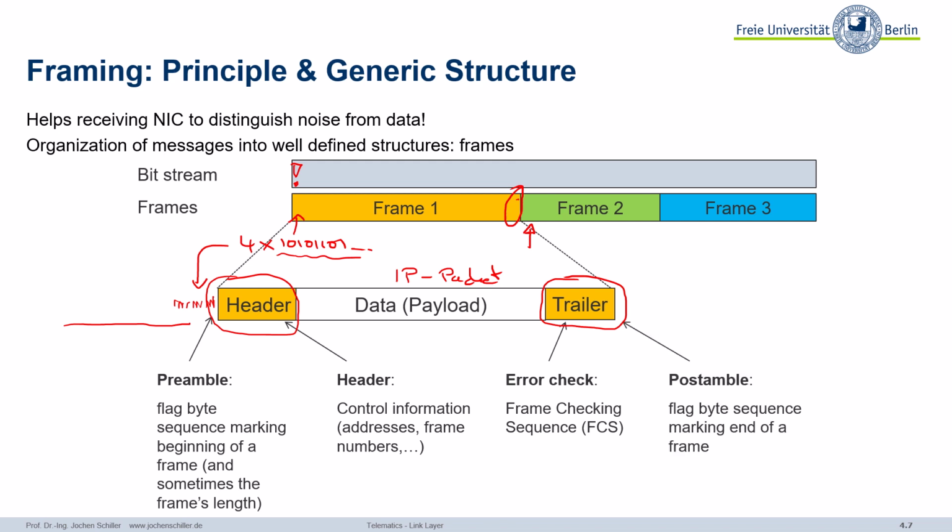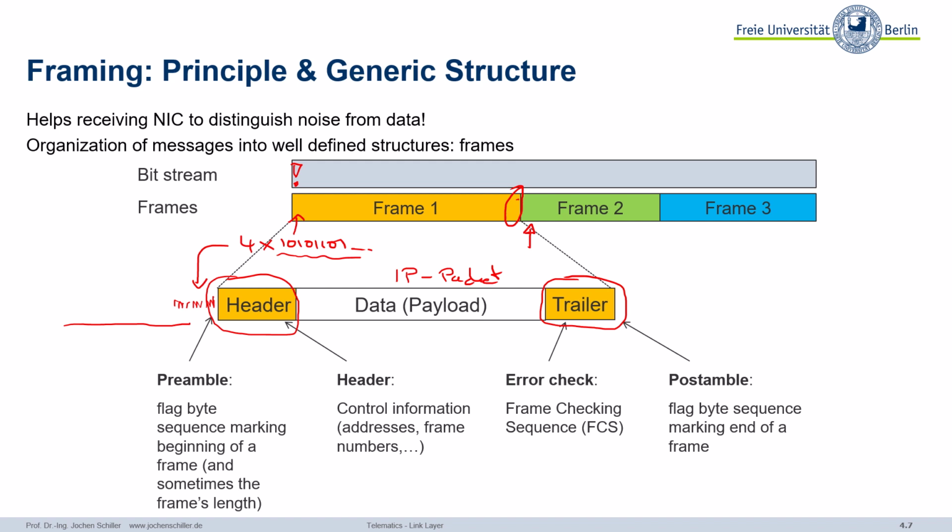And sometimes we also have a postamble, so a certain sequence that tells us now this is the end of a frame. So we have special flags indicating the start and the end. Then we have the header giving us control information. We have a trailer typically giving us a checksum for error detection.